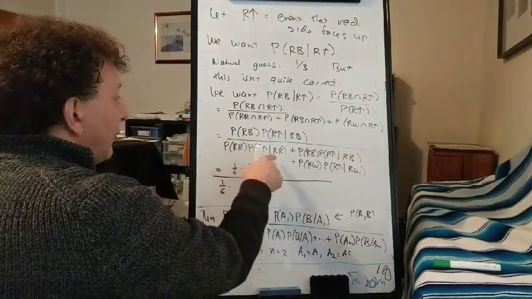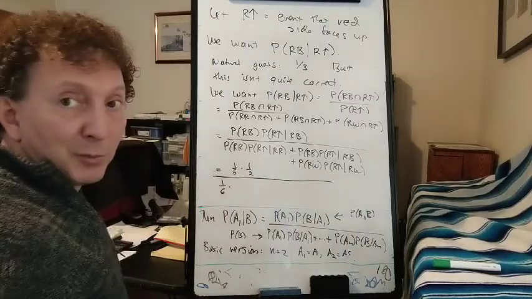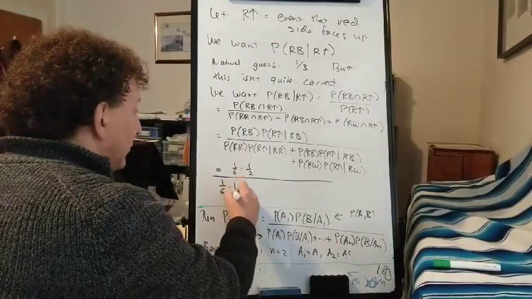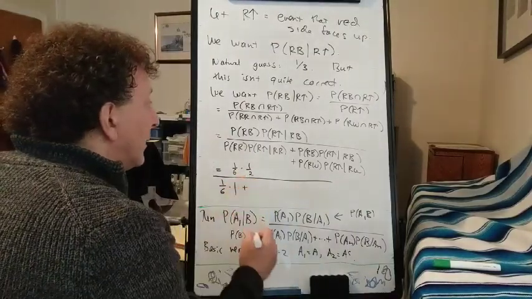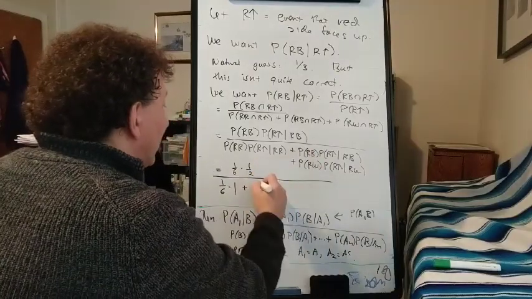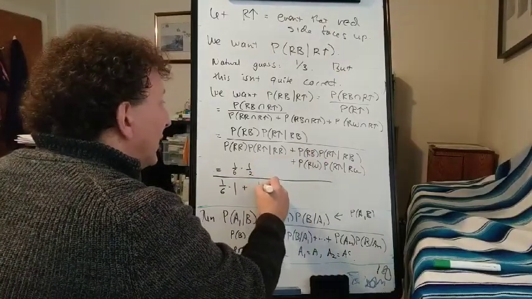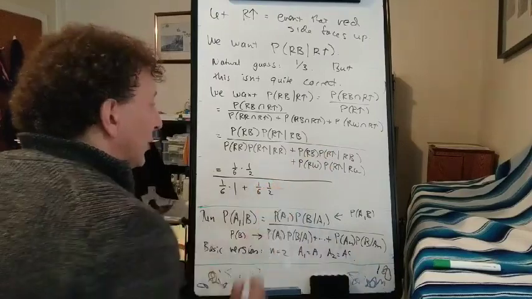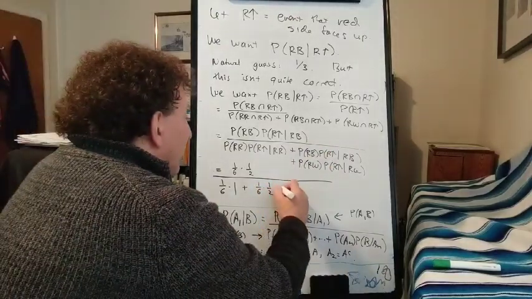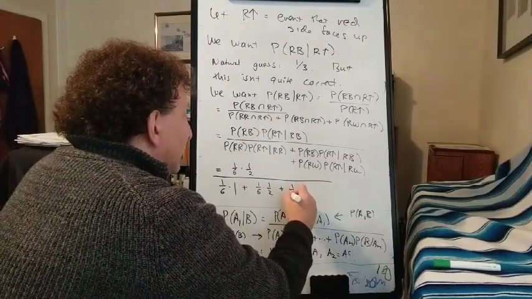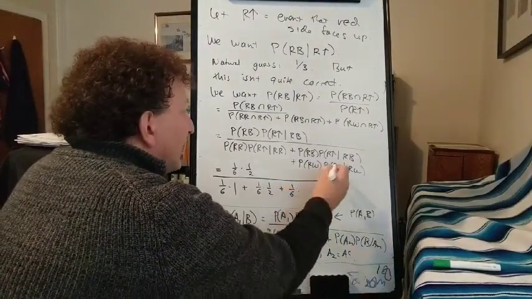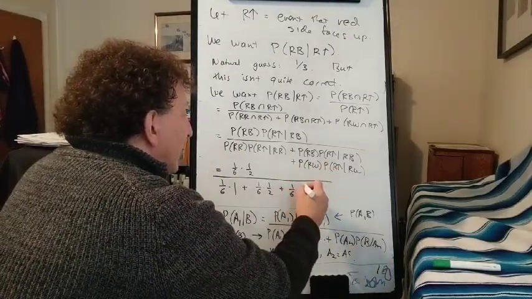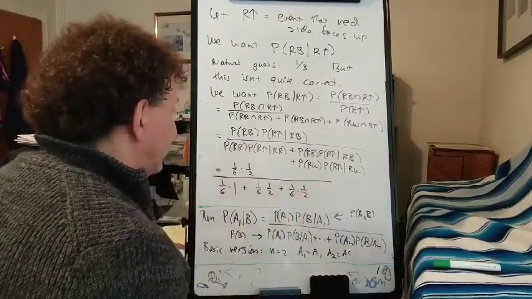And if we know we have the red-red card, the probability of red facing up is 1, of course, because both sides are red. The probability of the red-blue card, as we said, is 1/6. Probability of red facing up, given that we have that card, is 1/2, because one of the two sides is red. Probability of the red-white card is 1/6. Probability of red side facing up, given that we have the red-white card, is 1/2.